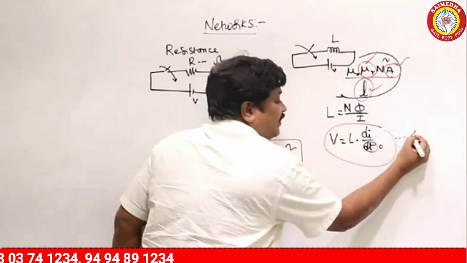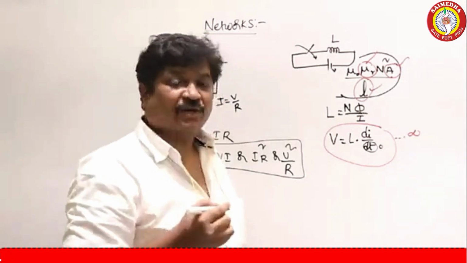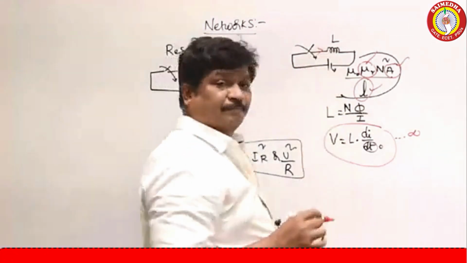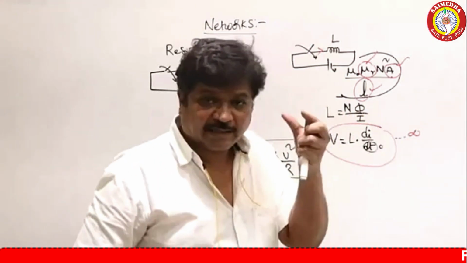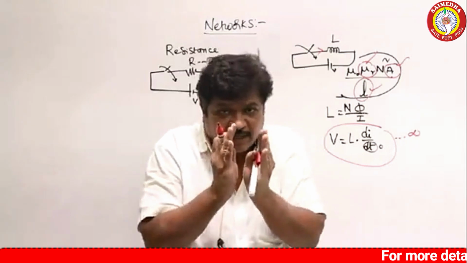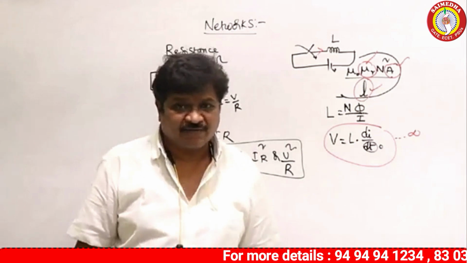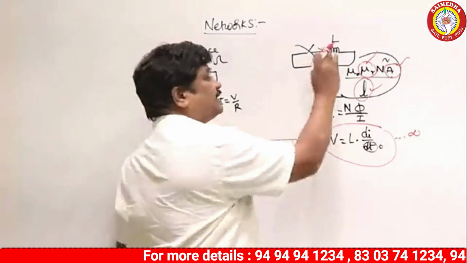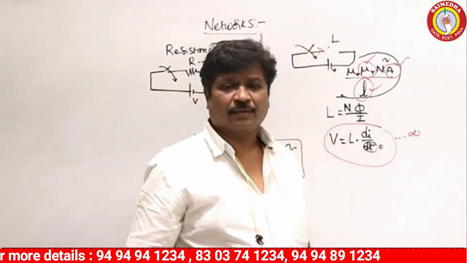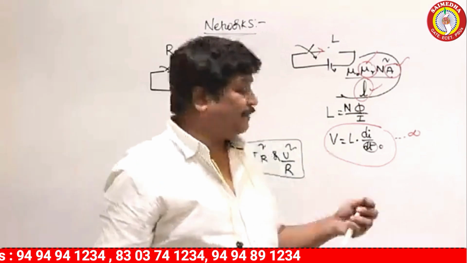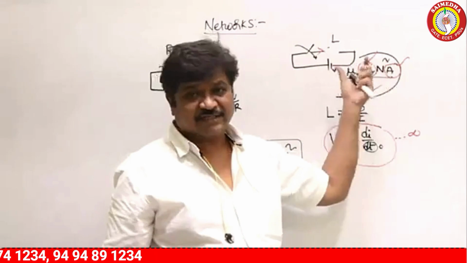Your voltage will become infinity. Voltage becomes infinity when it is an open circuit. When it is an open circuit, what happens to the current in the circuit? It is 0. So that is the reason. Mathematically, we can identify why current does not suddenly change.